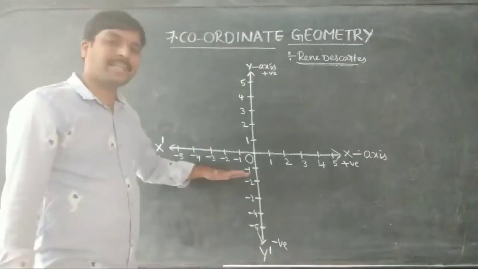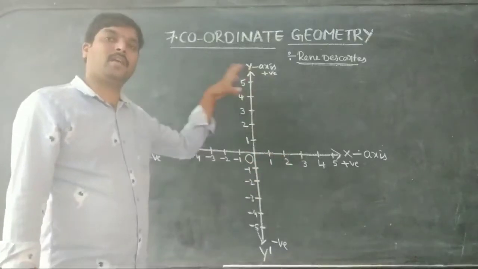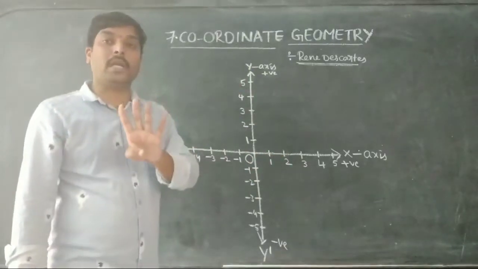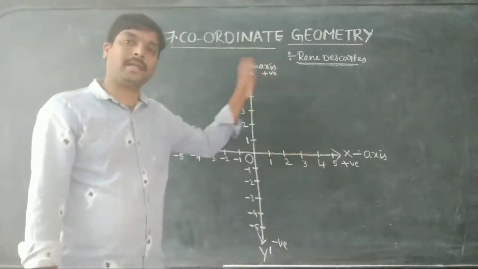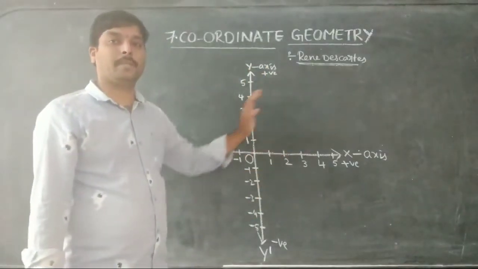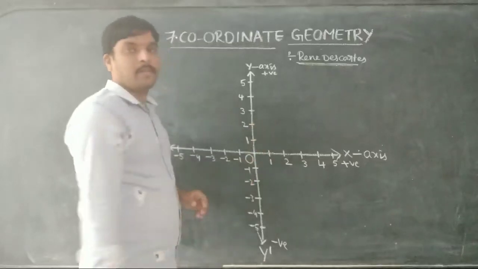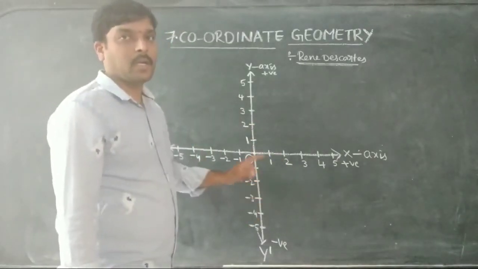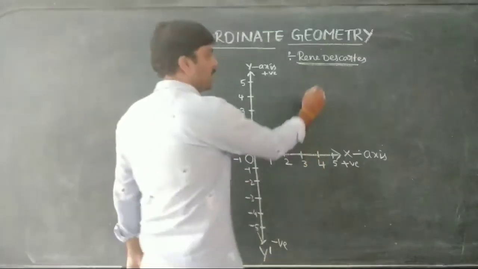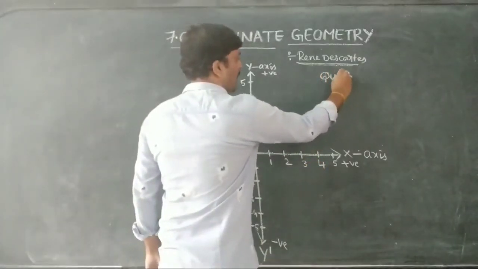The x-axis and y-axis divide the plane into 4 equal parts: 1, 2, 3, 4, represented in the anti-clockwise direction. Each equal part is called a quadrant.